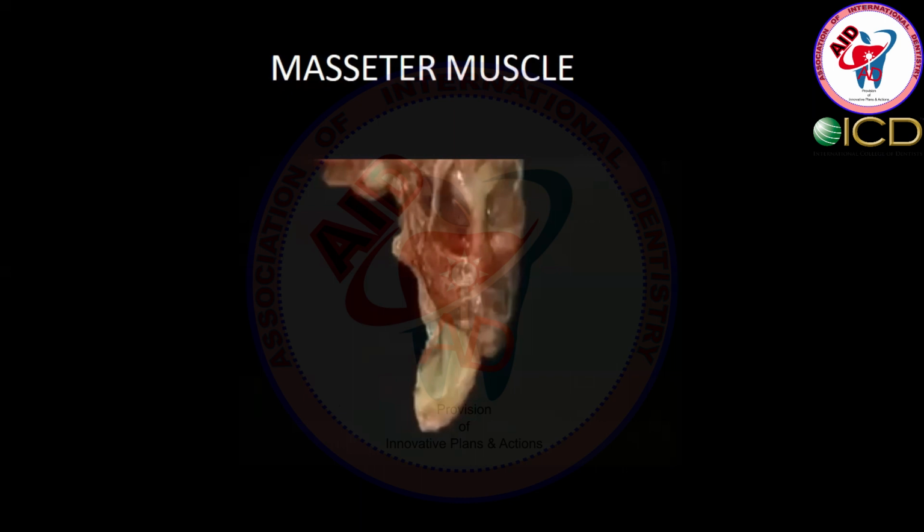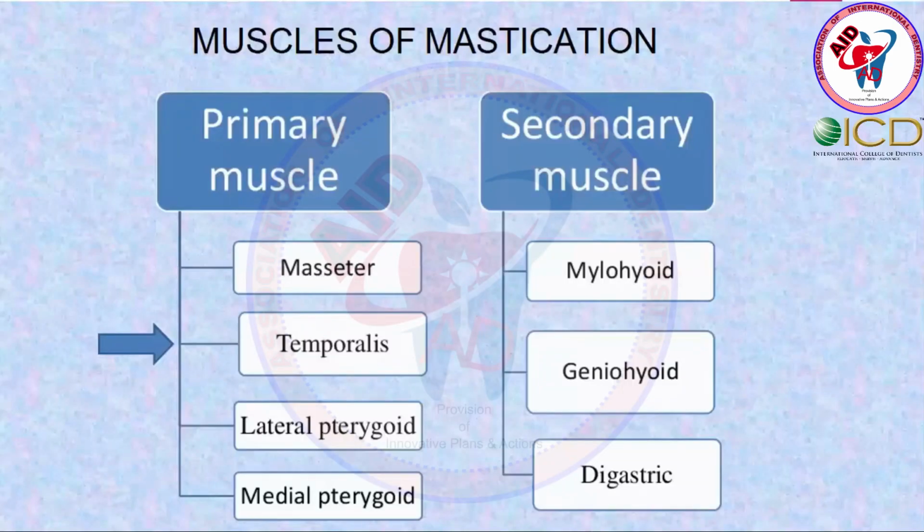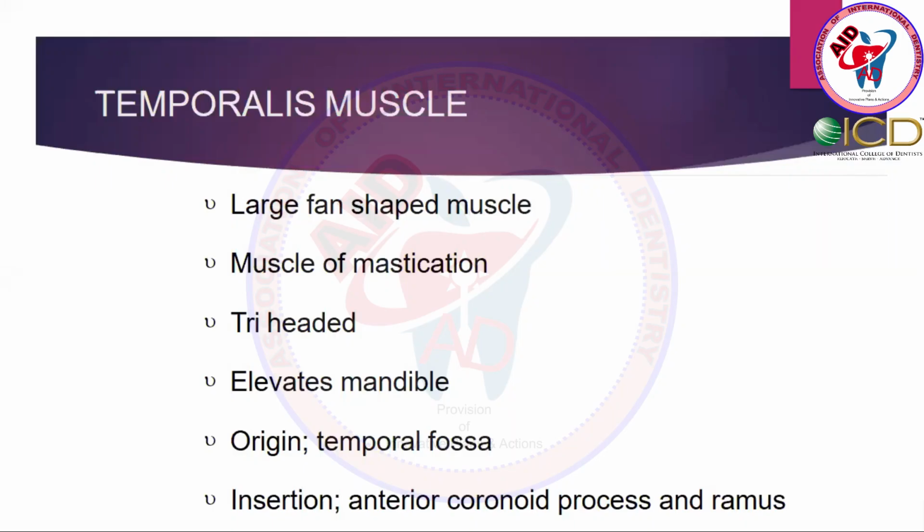We move to the tri-headed. Tri-headed means anterior, middle, and posterior. Sometimes, like the masseter muscle, it has two heads, and these two heads go for the anterior and posterior.